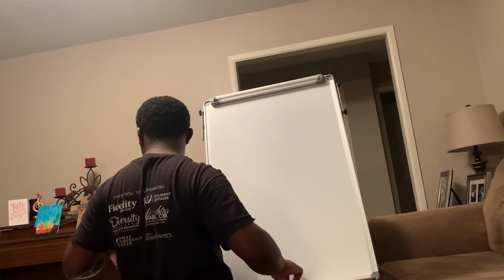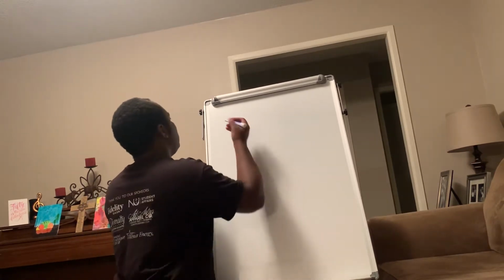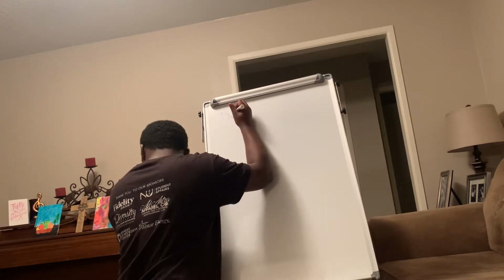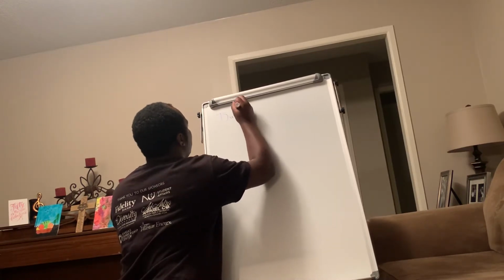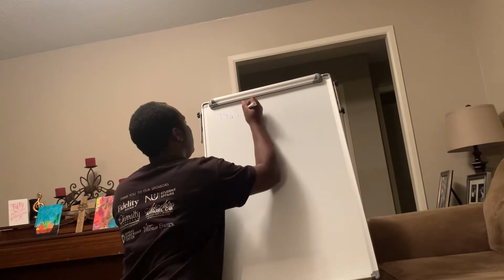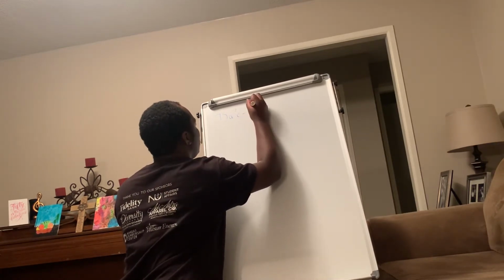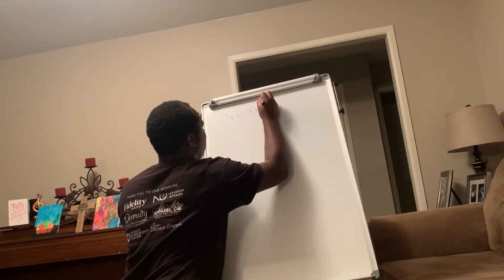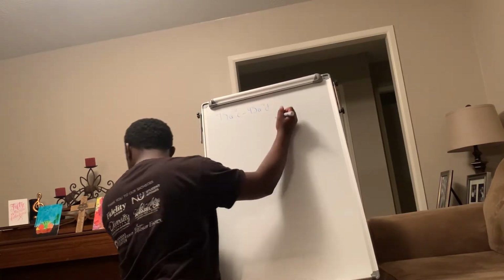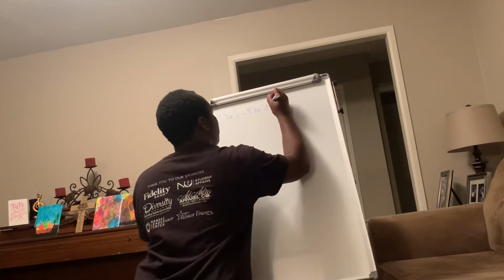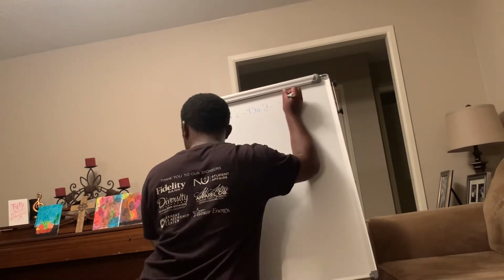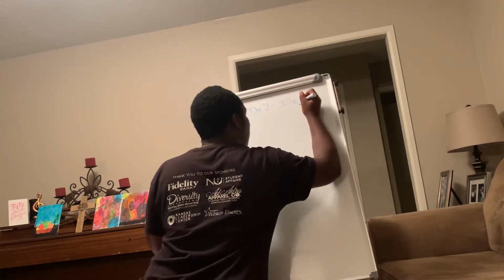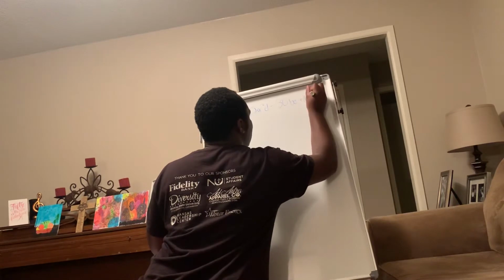For the next one, we have 75a squared c minus 45a squared d minus 30bc plus 18bd.